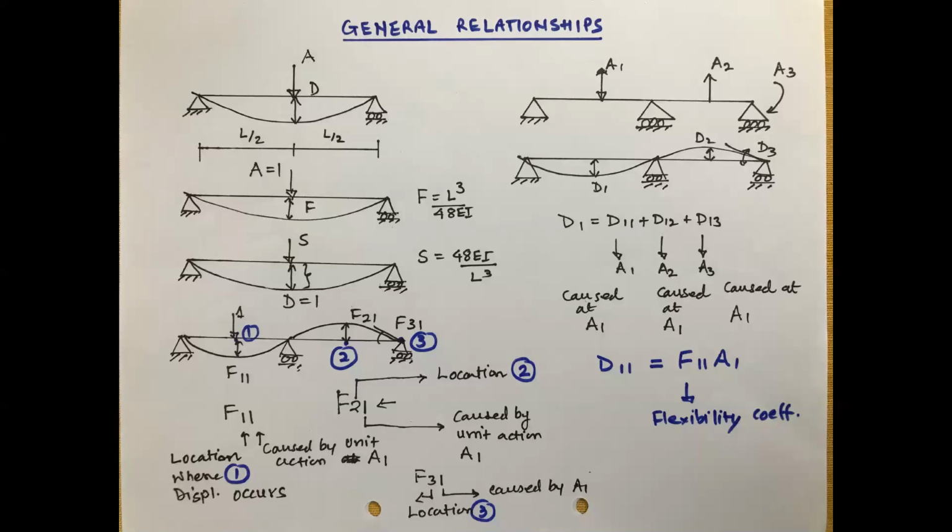We have extended that concept to the beam which is subjected to several loads, and we have seen this example of being subjected to A1, A2, A3, and we have also seen how the flexibility coefficients are generated by incorporating, along with the concept of flexibility, the superposition principle.